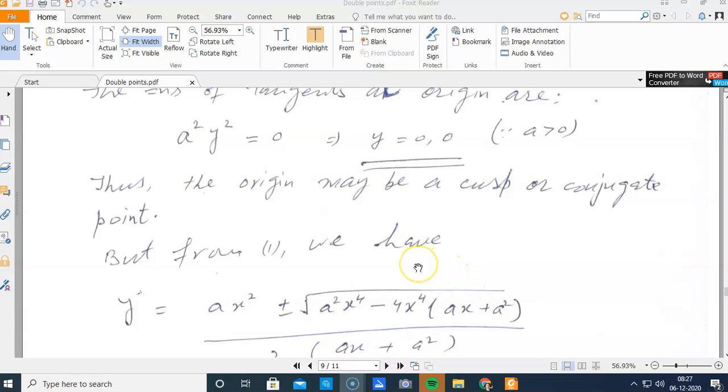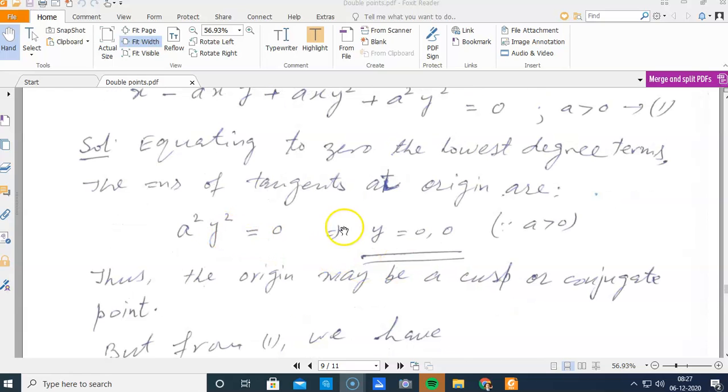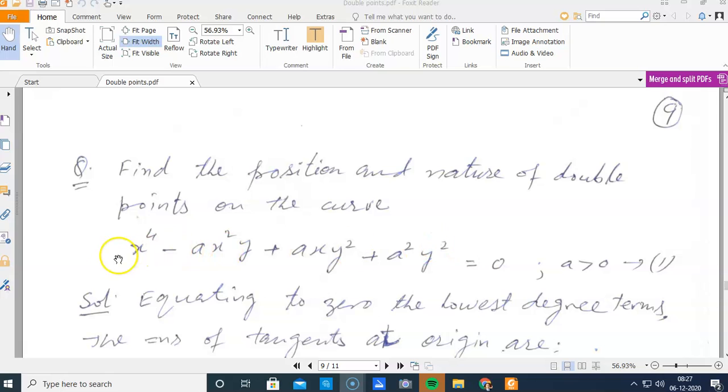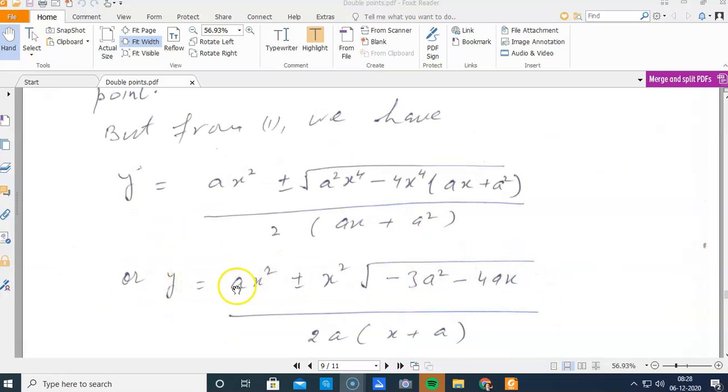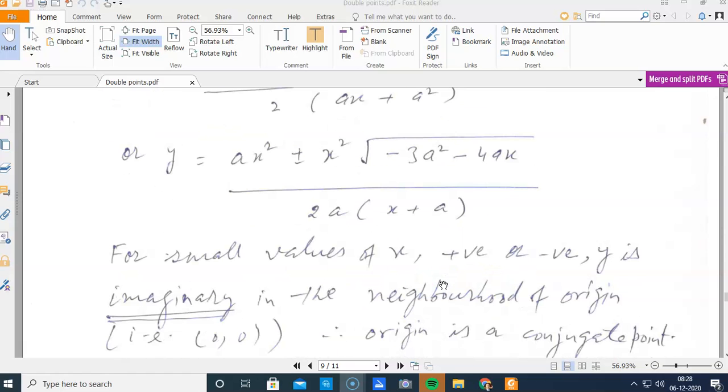But from equation 1, taking y to the left side and other things to the right side, this is the relation between y and x. If we see this now, again the term 3a square will be higher than this term, for very small values of x, whether positive or negative.